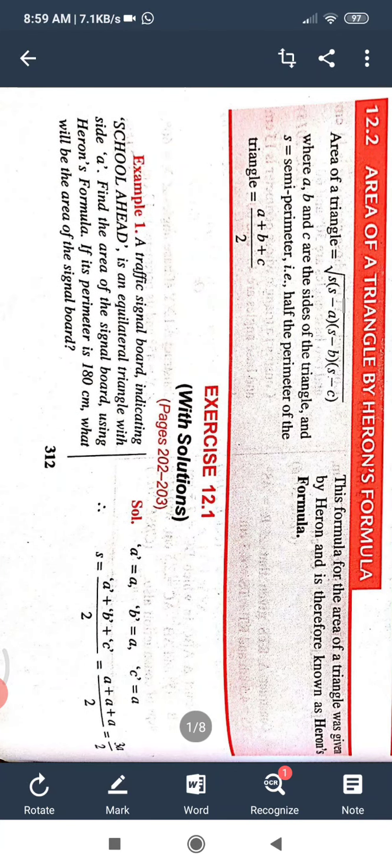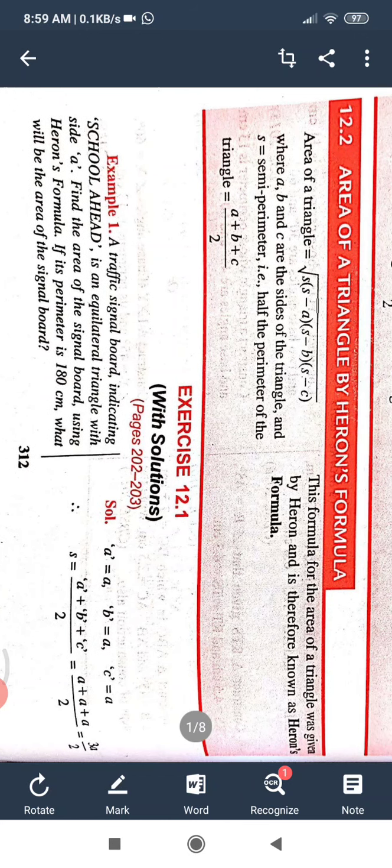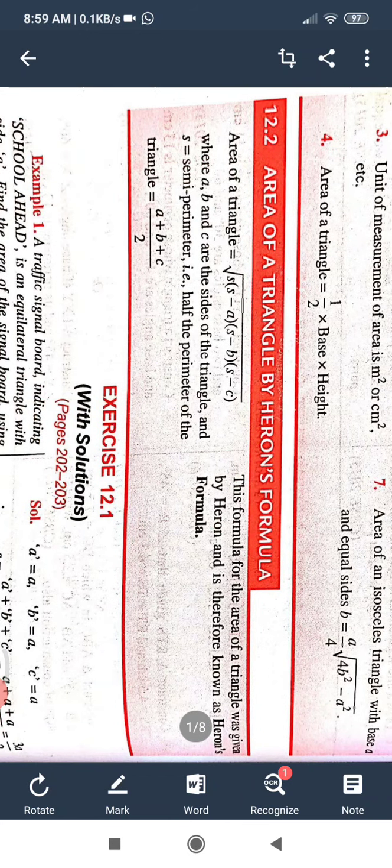Now see here, all the sides are equal, given as a. So a equal to a, b equal to a, and c equal to a. So semi-perimeter is (a plus b plus c) upon 2, equal to (a plus a plus a) upon 2, that is 3a upon 2.